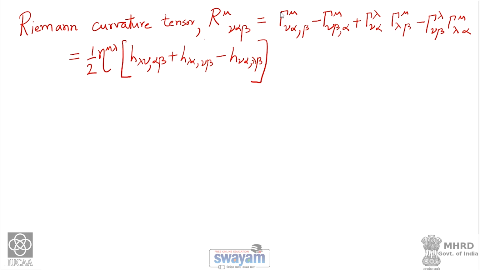So, this is gamma mu nu alpha comma beta. Then there is also this term which is half eta mu lambda.